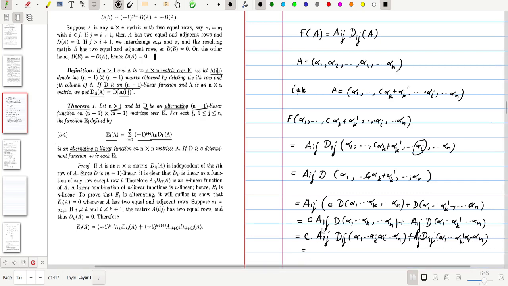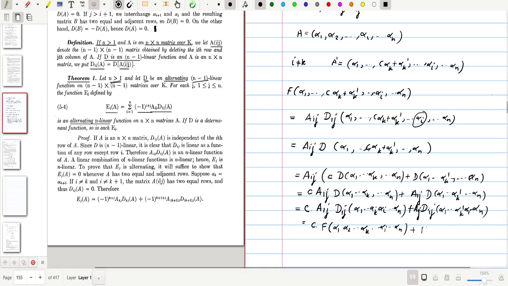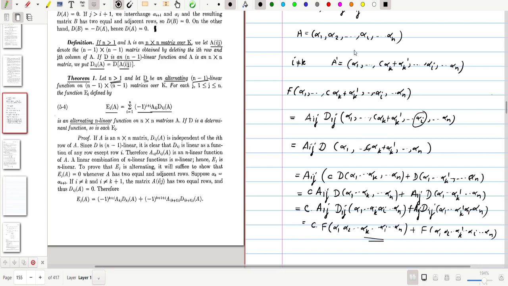Then this can be written as C times, by definition, f of alpha 1, alpha 2, etc., alpha k, etc., alpha i, etc., alpha n plus f of alpha 1, alpha 2, etc., alpha k prime, etc., alpha i, etc., alpha n. So this shows that this f has linearity in all rows but the ith row. Okay, next we will prove that this f has linearity in the ith row as well.